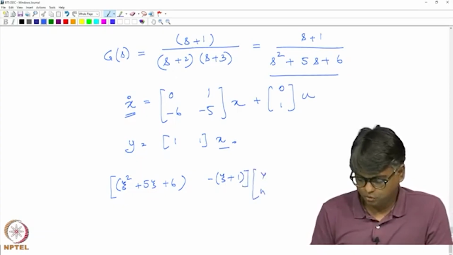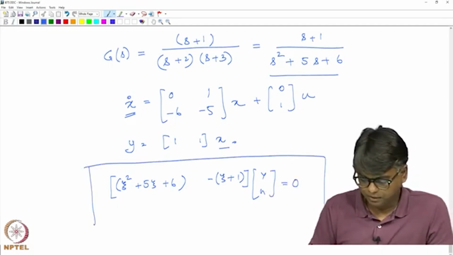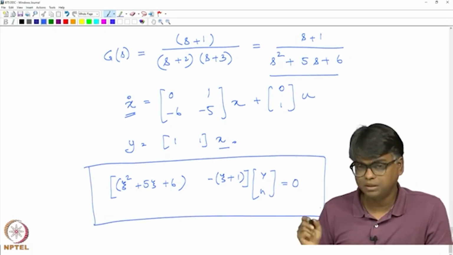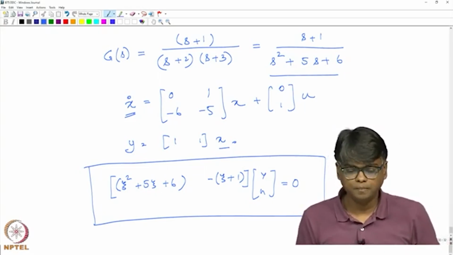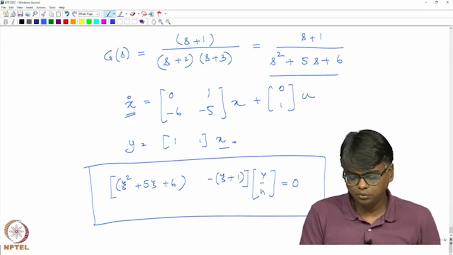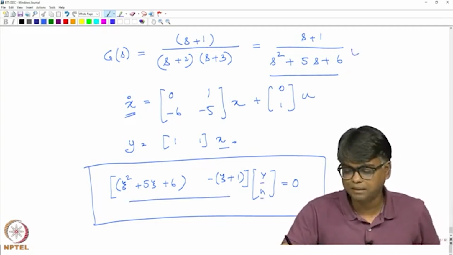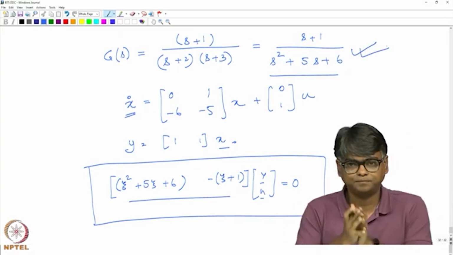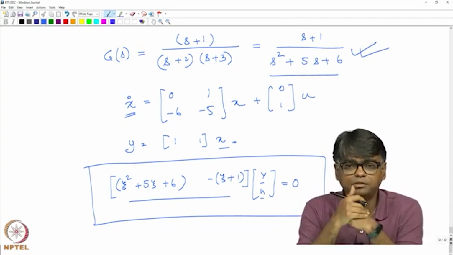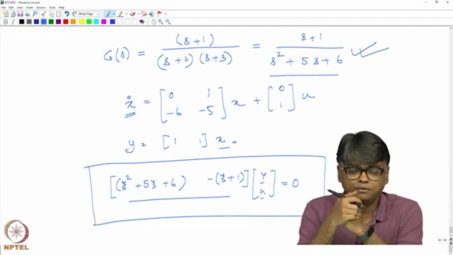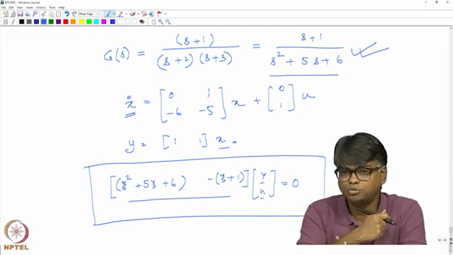That was the manifest behavior, and we obtained it using elimination theory, using the fundamental principle. This relation between y and u tallies with the fact that the transfer function looks like this. So, I hope you are convinced that the elimination theory we have developed using the fundamental principle actually does the job it was supposed to do.